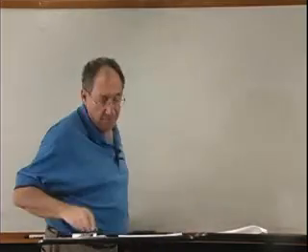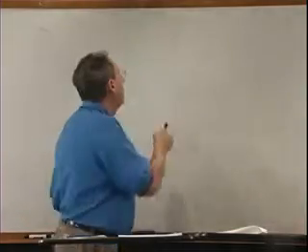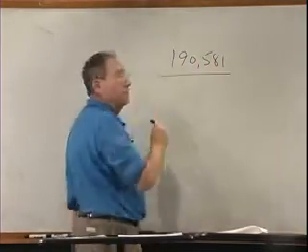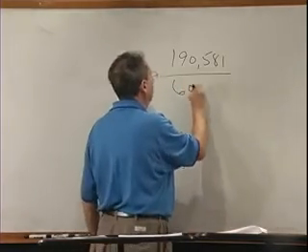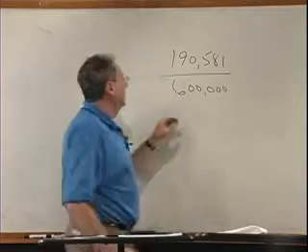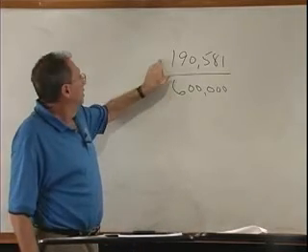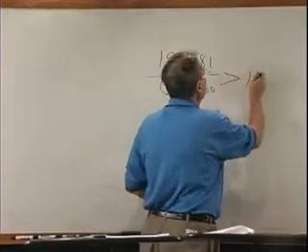Okay, the present value of the future payments is $190,581. The selling price is $600,000. Now again, 10% of $600,000 is 60. The numerator is bigger than 60, so this is greater than 10%.